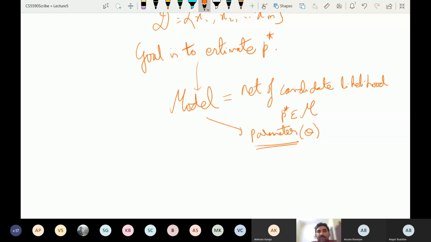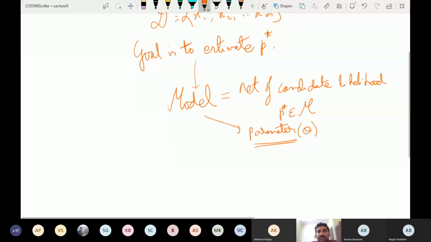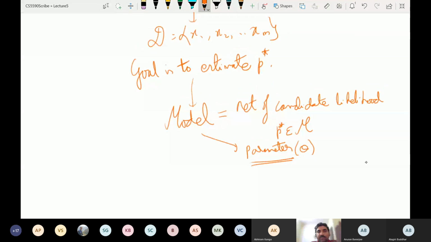The standard examples for a model are the Bernoulli model or Gaussian model, which is a set of all Bernoulli likelihood functions or Gaussian likelihood functions. In the case of Bernoulli likelihood, there is only one parameter, which is the probability of heads or probability of 1. In the case of Gaussian likelihood, there are two parameters, the mean and the variance. In the general multivariate case, it is the mean vector and the covariance matrix.